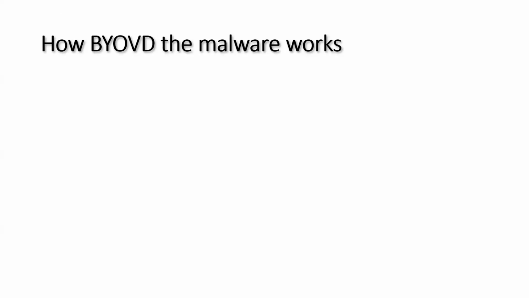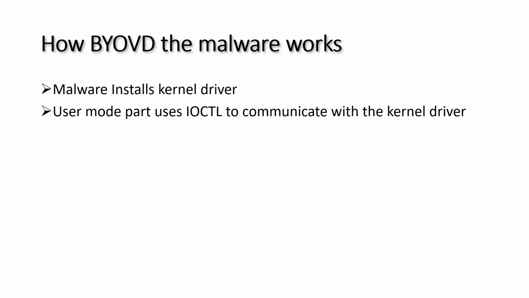Now we understand basically how IOCTL works and how IRP works. Now let us come to how the latest BYOVD malware works. Malware installs a kernel driver. The user mode part uses IOCTL to communicate with the kernel driver.